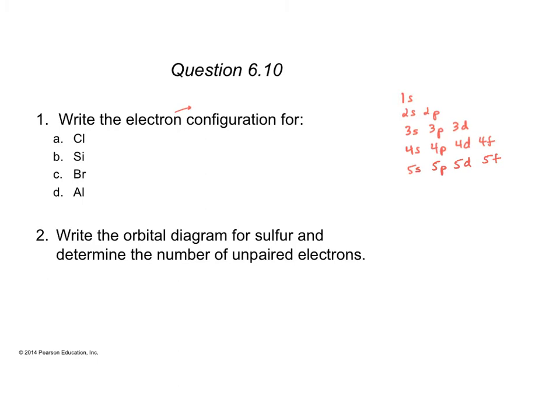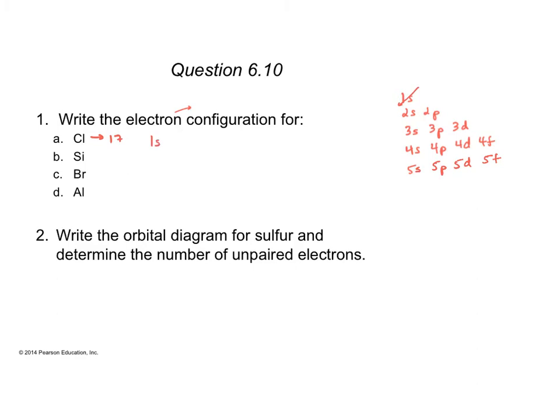Okay, so I'm just writing this out to the side to remind us the order with which we will fill these orbitals with electrons. Okay, so chlorine is first. So we look on the periodic table. Chlorine has an atomic number of 17. That tells us that there are 17 electrons. So if we're going to fill this, we'll start with the 1s first.